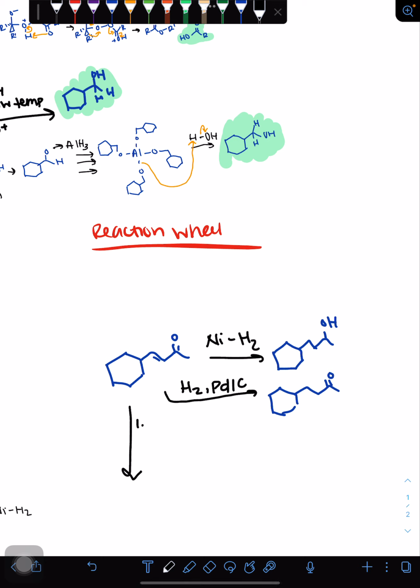But if we were to use these reagents, sodium BH3, comma, methyl with an OH group, and water, we'd get the ring with the double bond still there, but instead of this double O bond, we're going to get an OH group.